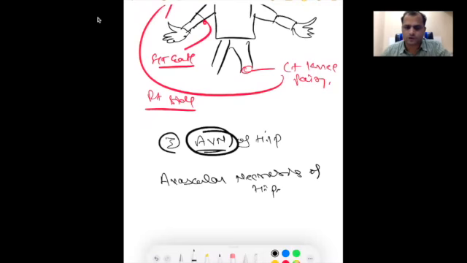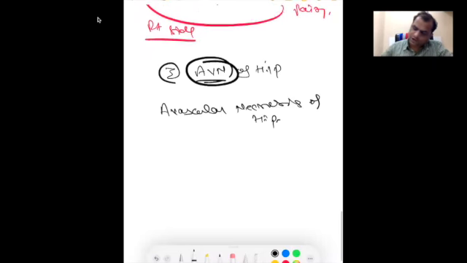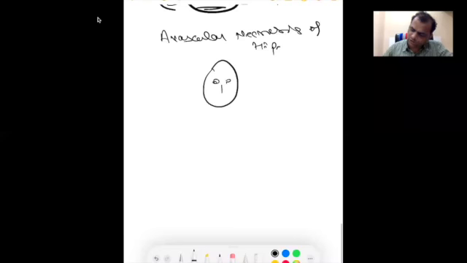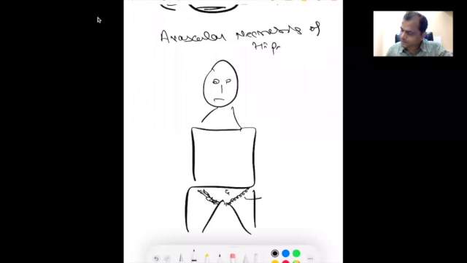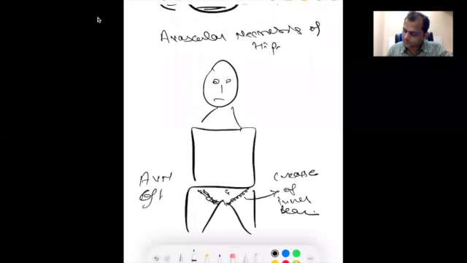Whatever the name of the problem, do not worry. If anyone complains of pain in this crease, the crease of the inner groin, sometimes the person has pain on the line of the crease. This pain is also very common with AVN of the hip.